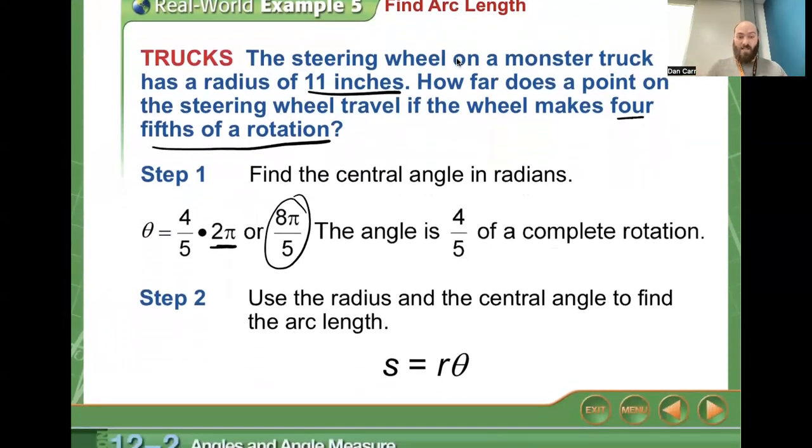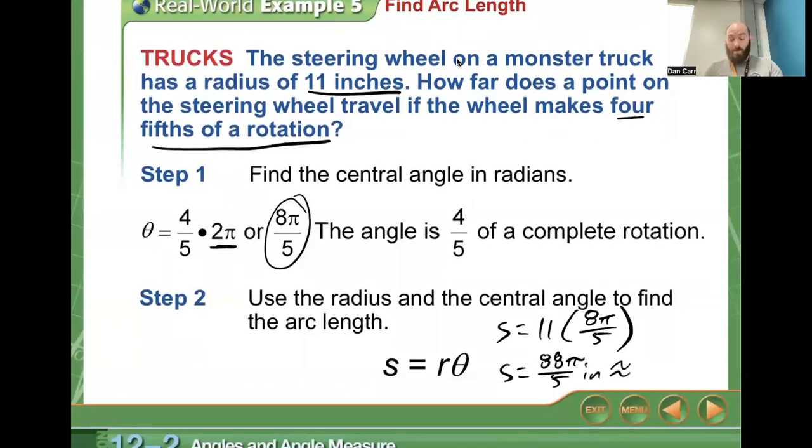So now I have all I need to just plug it into my formula. My radius is 11, and my theta is 8 pi over 5. That's my central angle. So I multiply those together. Can't reduce it as a fraction, so if I want, I can leave it as 88 pi over 5, and that'll be inches.